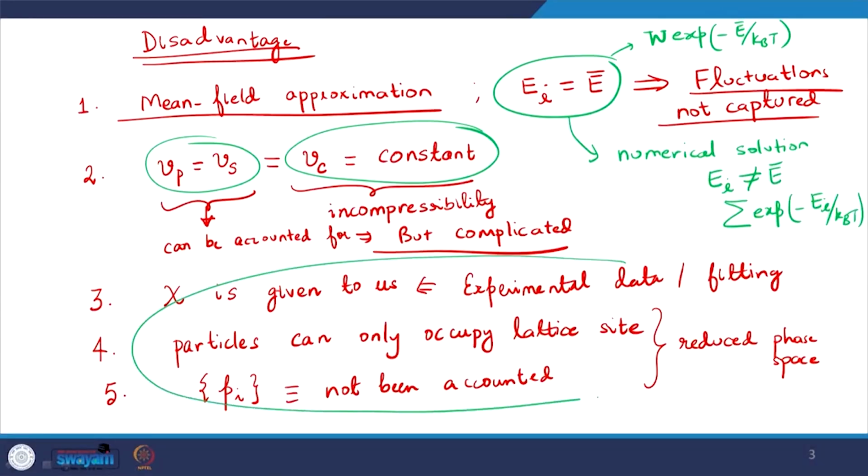The last two are the ones which should be of great concern to us. First of all, we are working on a much reduced phase space, so clearly we are not sampling all the possibilities. By constraining the particles to the lattice sites, we have made a big assumption about the entire physics by which the particles move. The same is true for the value of chi, because I have assumed that the interactions are only between neighboring particles.